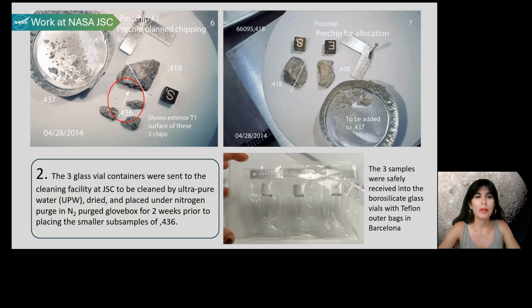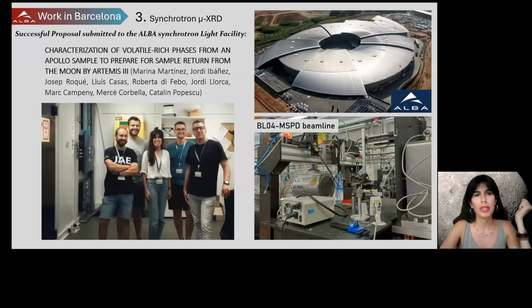And then the glass vials where we placed them were first sent to the cleaning facility of the NASA Johnson Space Center to be cleaned by ultra-pure water, dried, and placed under nitrogen for 2 weeks prior to placing them, and then also covered in 3 Teflon bags and sent to Barcelona.